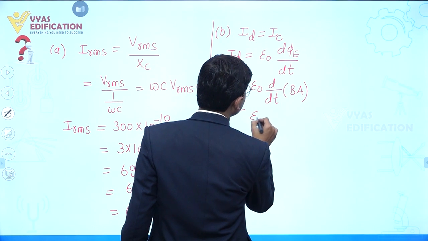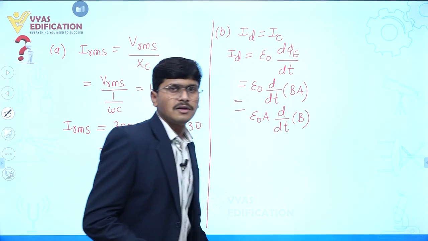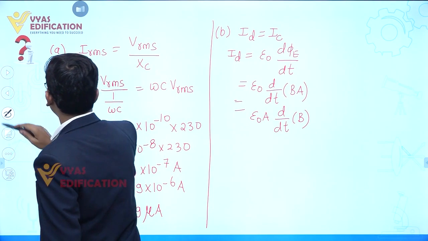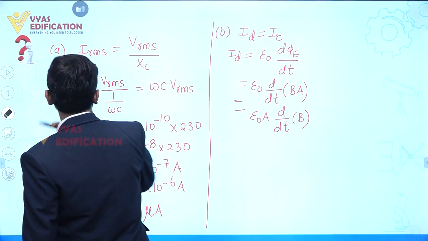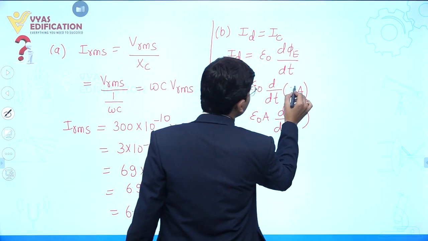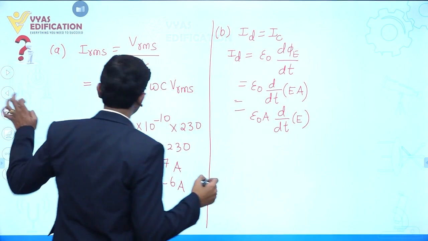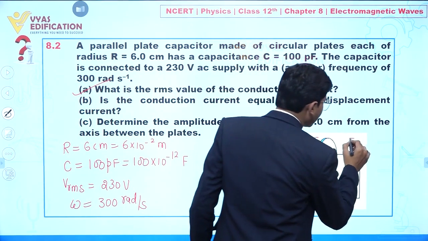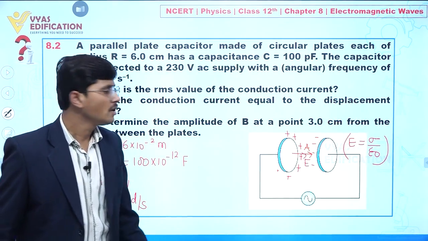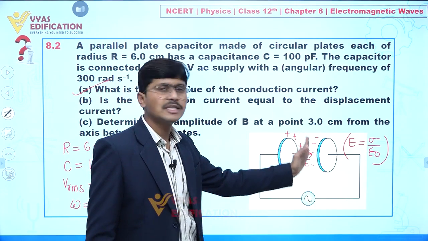Now from here we can take the area outside d by dt, and this is equal to E. Because here we have electric field, not magnetic field, so this is E. Now we know for a parallel plate capacitor, the value of E in the space between the parallel plates is given by sigma upon epsilon naught, and we are assuming initially that there is no dielectric medium present between these parallel plates.